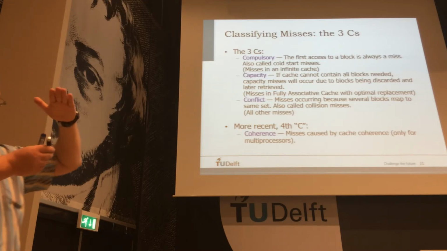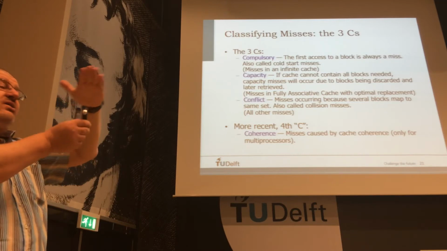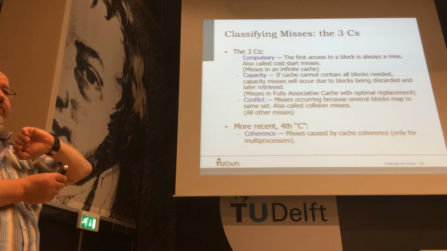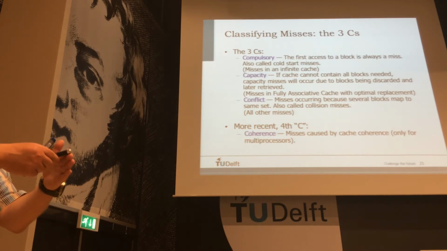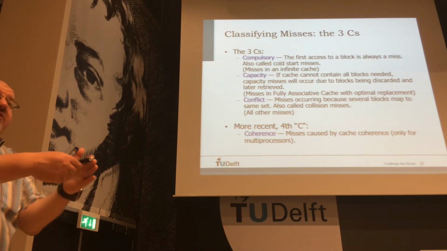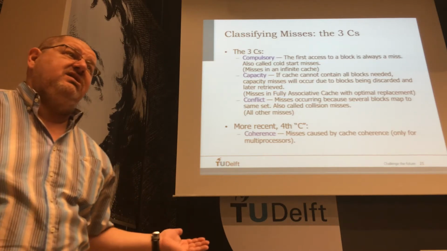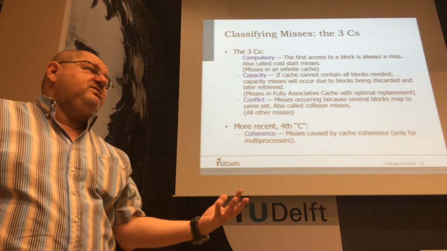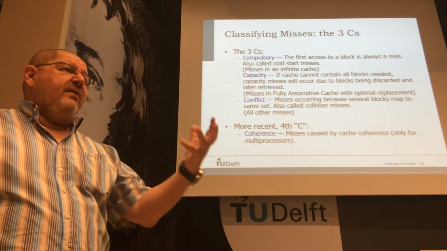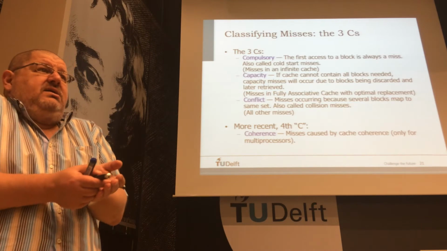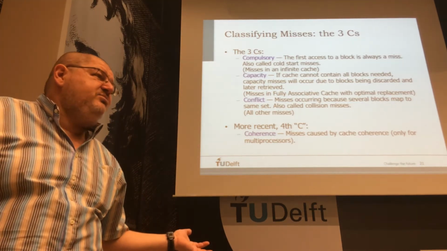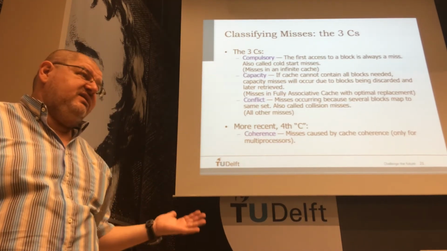If my memory is not large enough, I cannot accommodate that. And the other one is conflict. When several blocks map to the same location, I have a conflict even though I might have capacity. This is mostly true for direct-mapped caches, where when I have a conflict, the rest of the cache can be empty, but I still have to evict things.